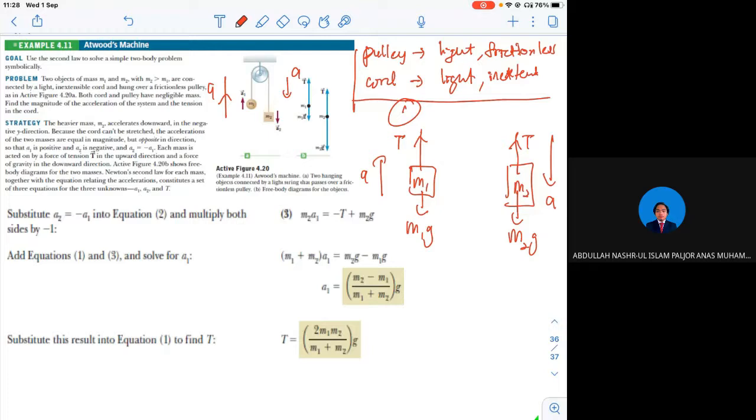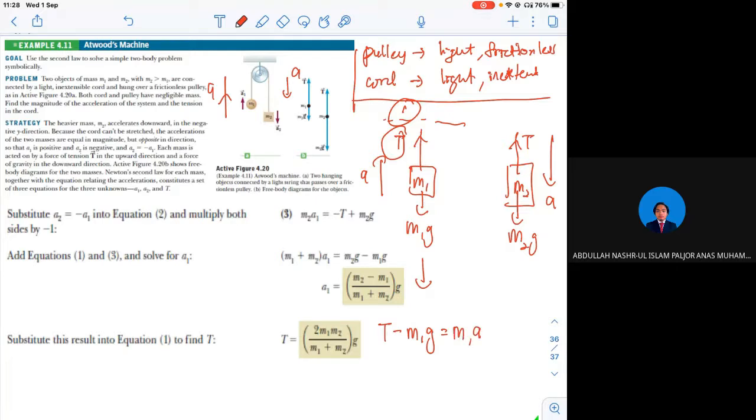When this problem happens, you look at the situation. Untuk acceleration naik ke atas, siapa yang duduk di hadapan? T berbanding M1G. So dekat sini kita akan tulis dia as this one. The equation for this part dia akan jadi T minus M1G equals M1A.